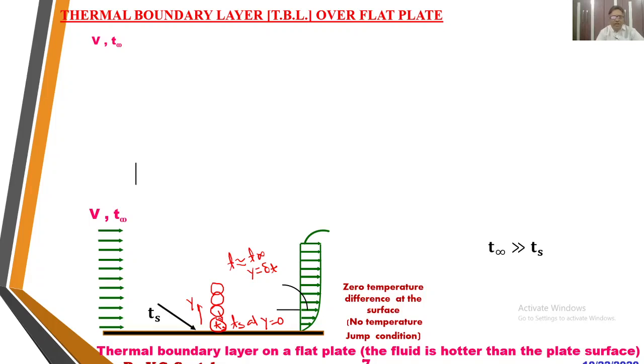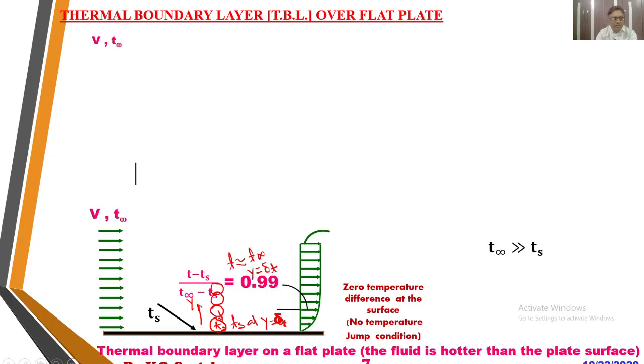So this way, thermal boundary layer formation takes place when a hot fluid is flowing over a cold plate, and this is called thermal boundary layer thickness, delta T. Thermal boundary layer thickness is the thickness at which (T minus Ts) over (T infinity minus Ts) is 0.99.